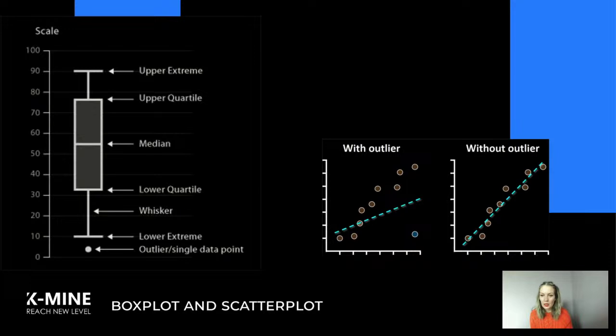The other technique is the scatter plot. By displaying values for two variables on the Cartesian plane, scatter plots highlight outliers as points that deviate significantly from the main data cluster. So moving on to the statistical measures, let's talk about the z-score method.